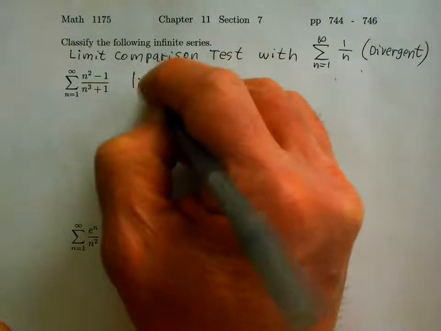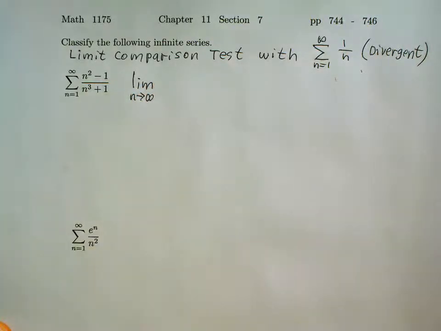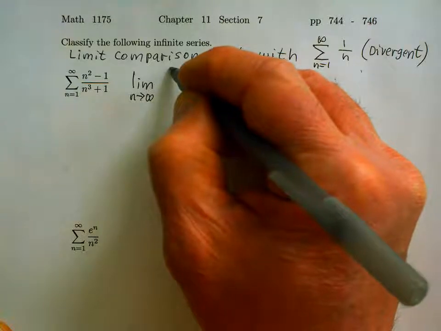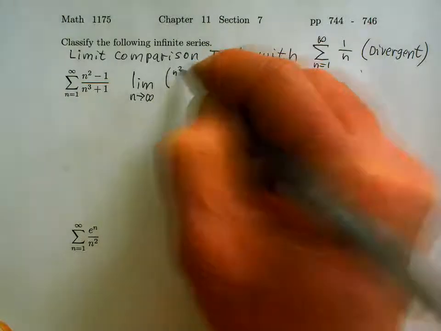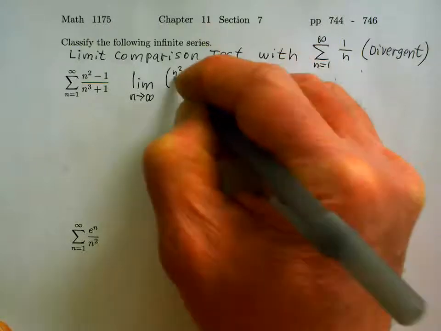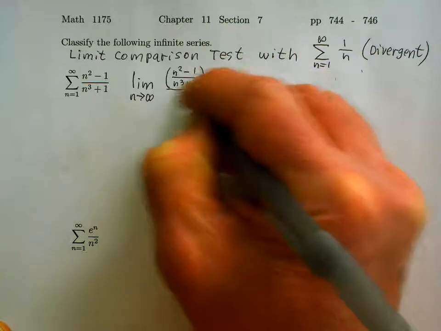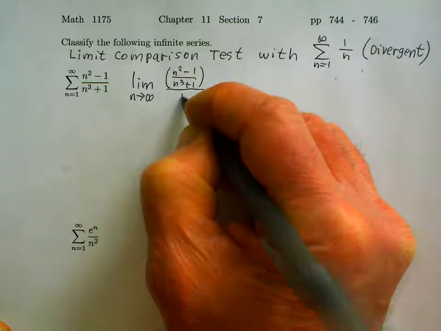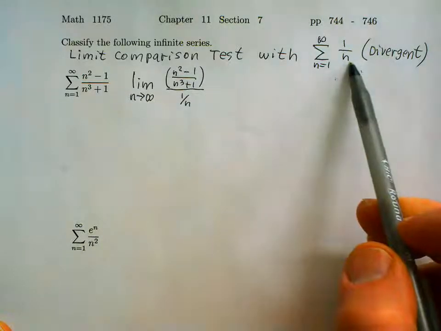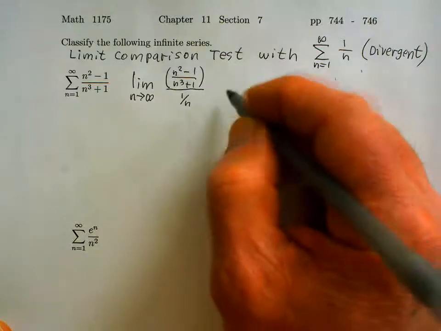Okay, so the limit as n approaches infinity of the term from one of the series, n squared minus 1 over n to the third plus 1, divided by the nth term from the other series. And then we'll do algebra and arithmetic.